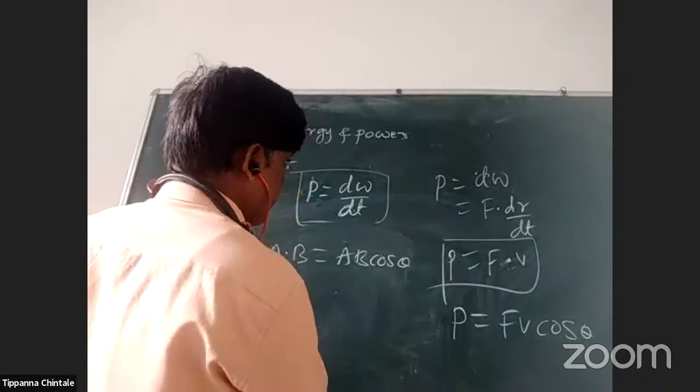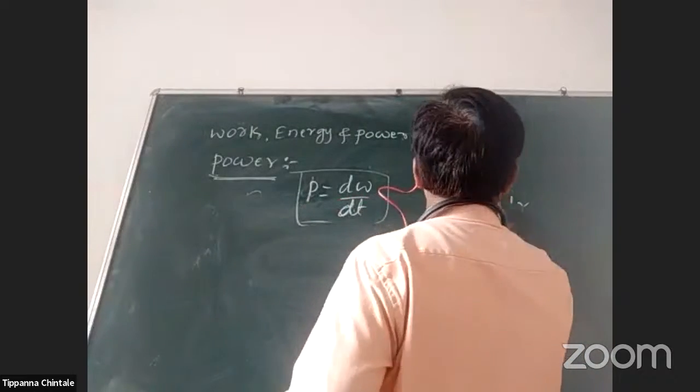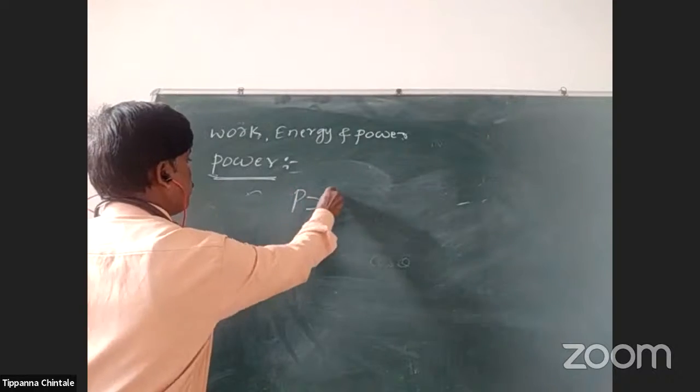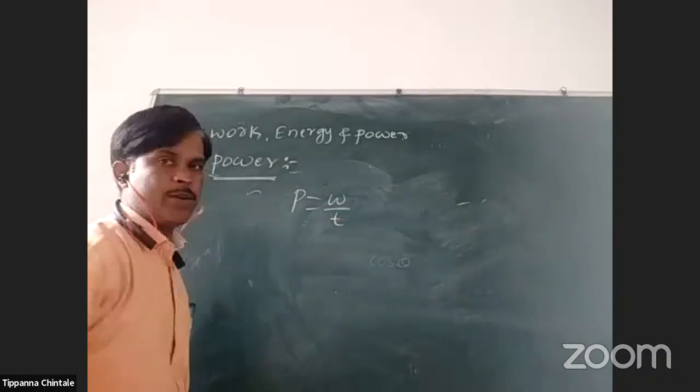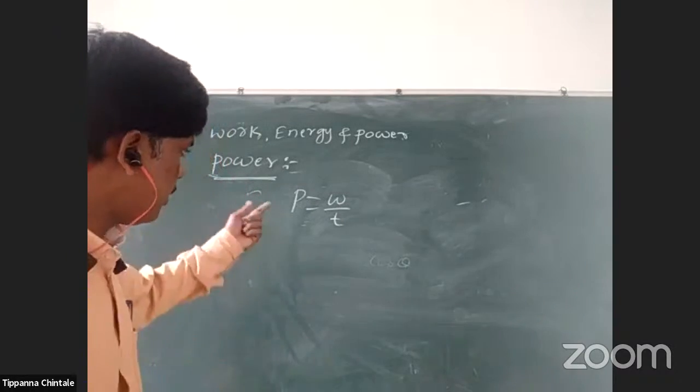Now from the formula you can observe power is equal to work divided by time, and the simple formula is work divided by time. We can write it this way too.